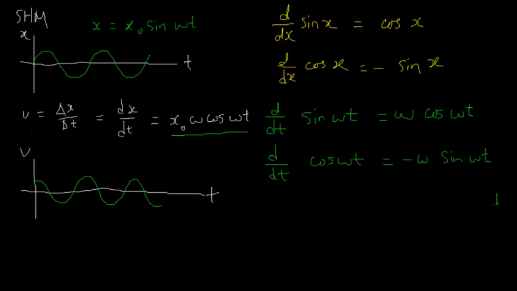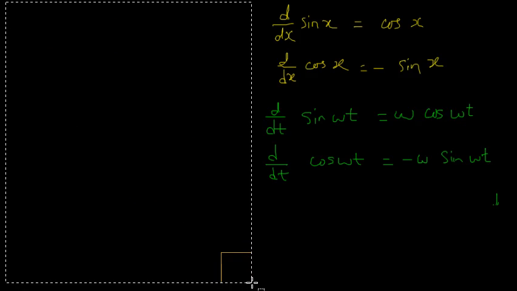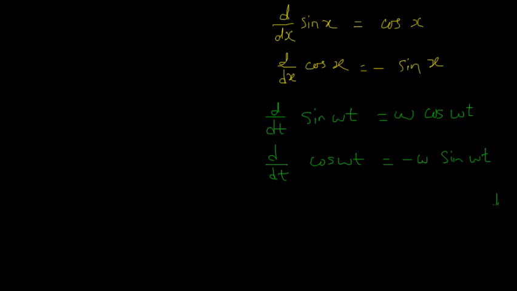Now let's look at the case where we have the changing magnetic flux in a coil. So let's sketch the graph again.